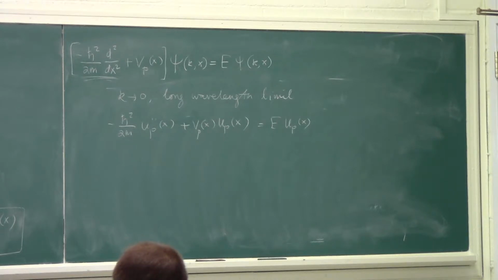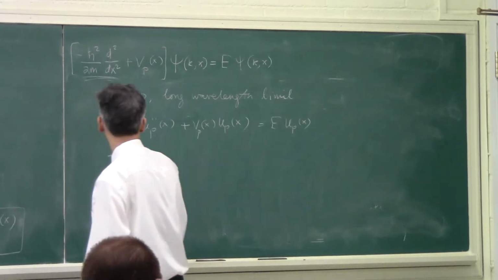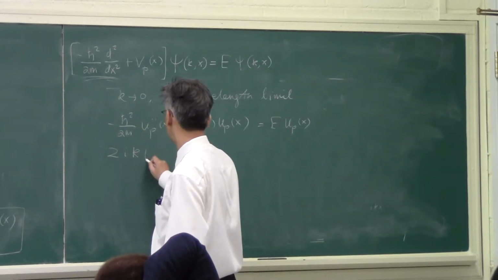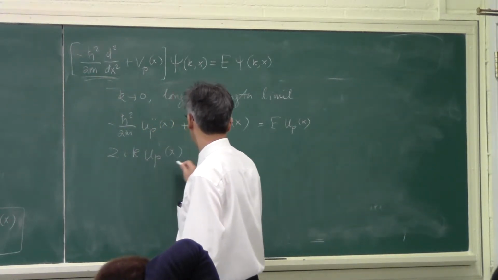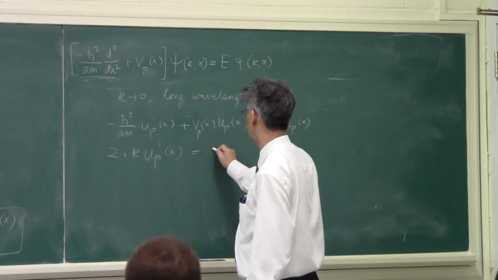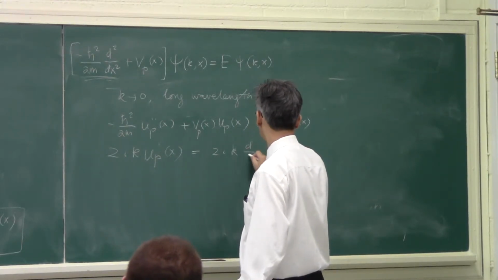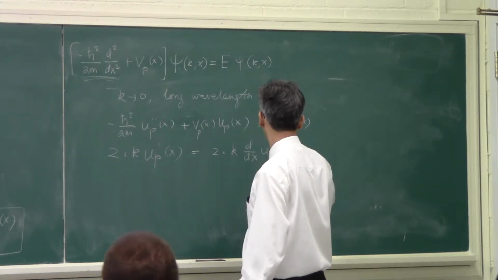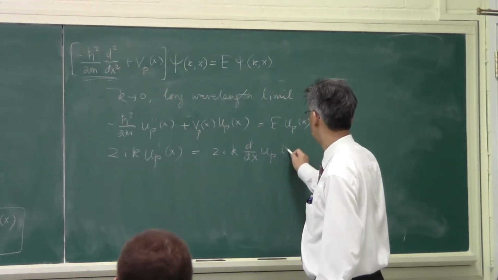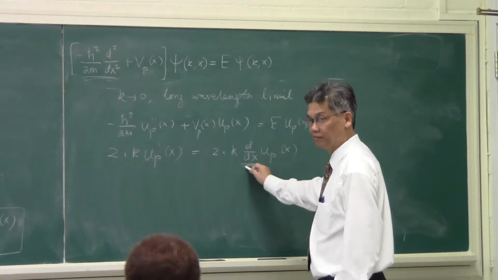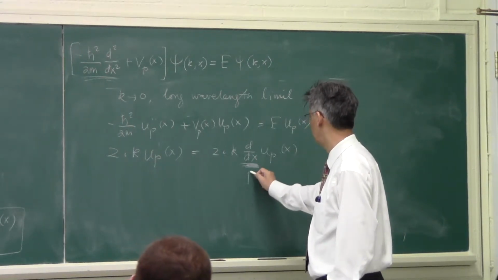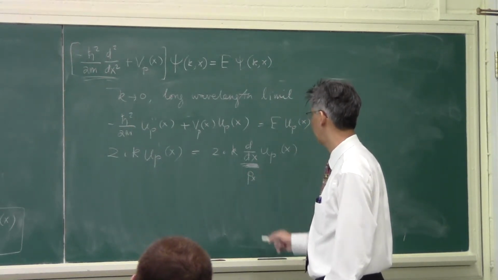And sometimes you only keep this term. In the long wavelength limit, you make a correction by keeping only this term, which is essentially like 2ik d/dx of u_k(x). And d/dx is like a momentum, like a momentum p in the x direction.